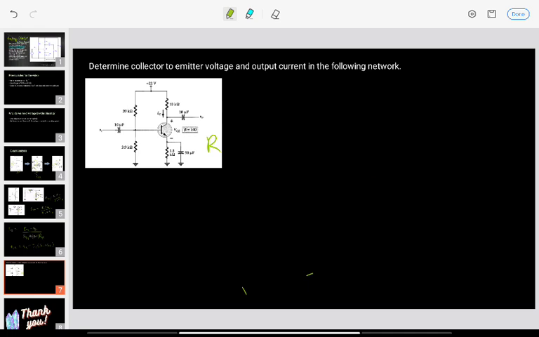So first of all, we will have to find RTH for this circuit, which will be, as you can see, R2 is 3.9 kilo ohm and R1 is 39 kilo ohm.